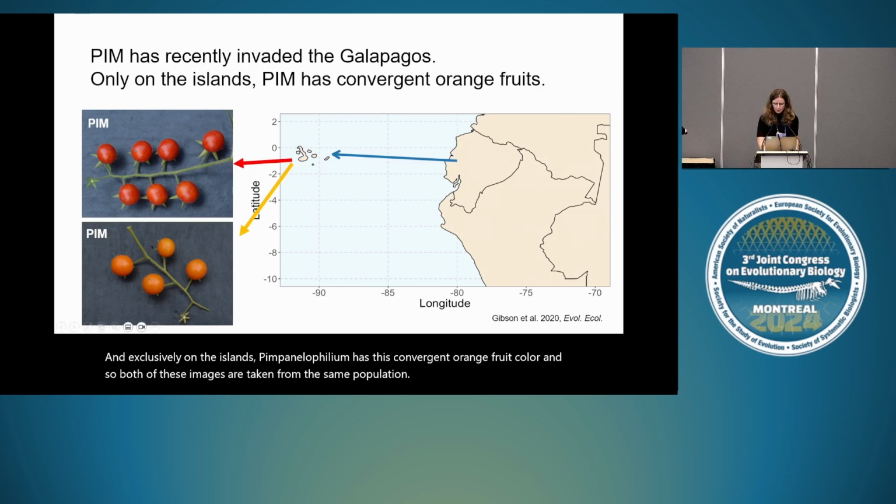Because we only see these orange fruits on the islands, there are 2 competing hypotheses for why this trait emerged. The first is that the islands have relaxed selection for red fruit color relative to the mainland, so these orange colors evolved via drift. The second is that this orange fruit color is due to strong positive selection exerted by the novel conditions on the Galapagos Islands.